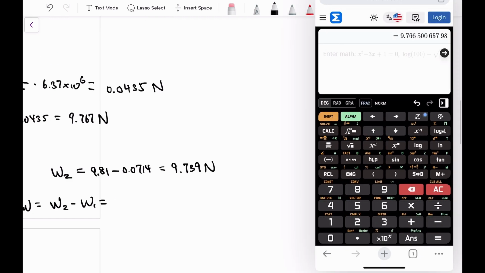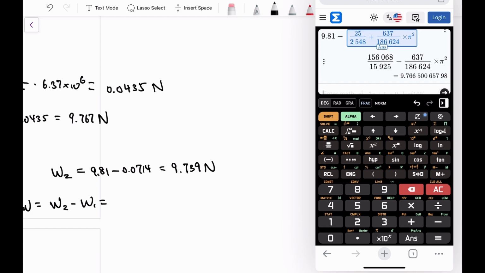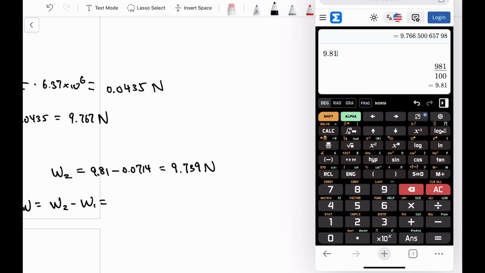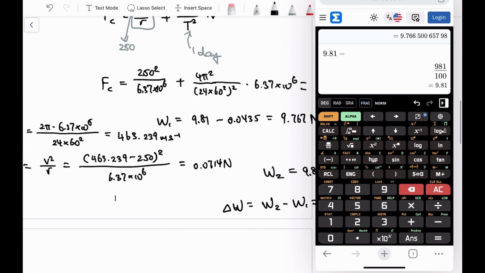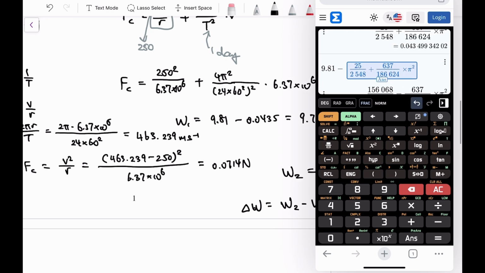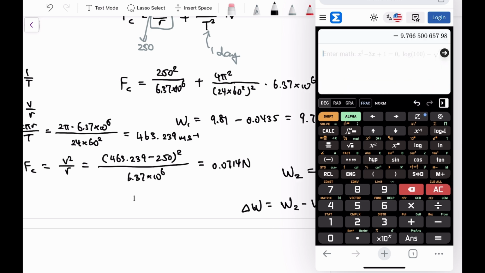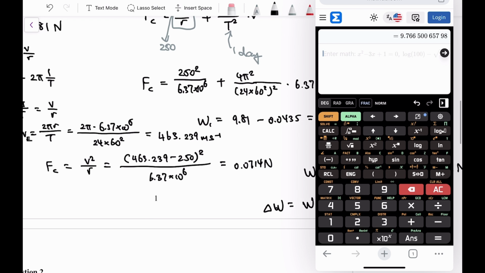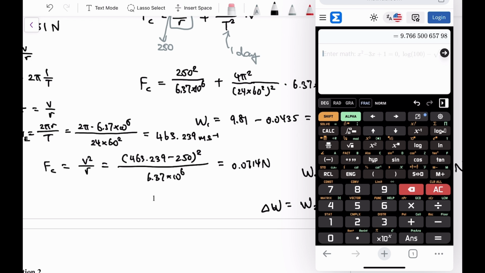I think I made another mistake. I don't think so. Wait. 9.81 minus, wait a second. Let me do the calculation again. I think I left out another 0, if I'm not wrong. Or else W2 is supposed to be greater than W1.